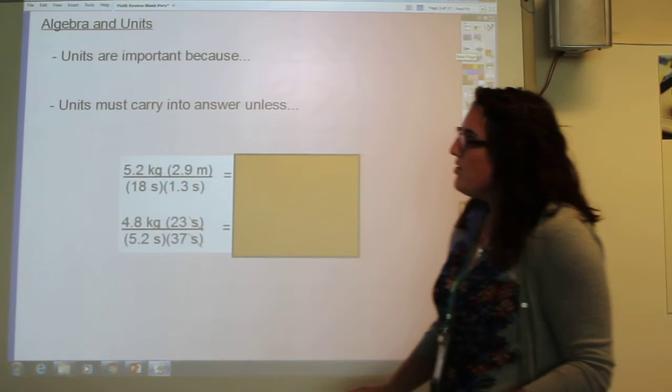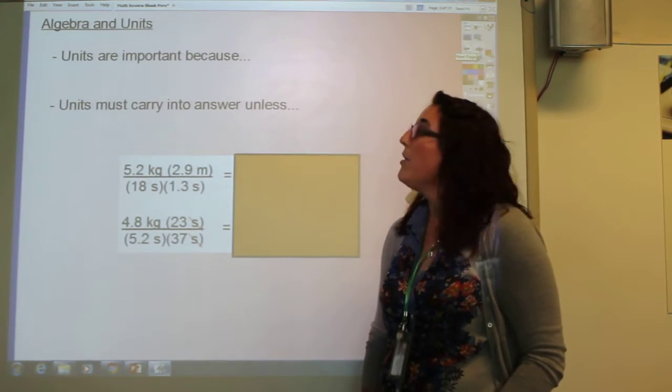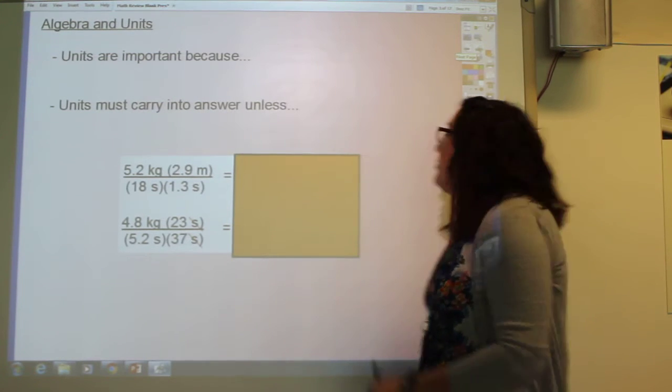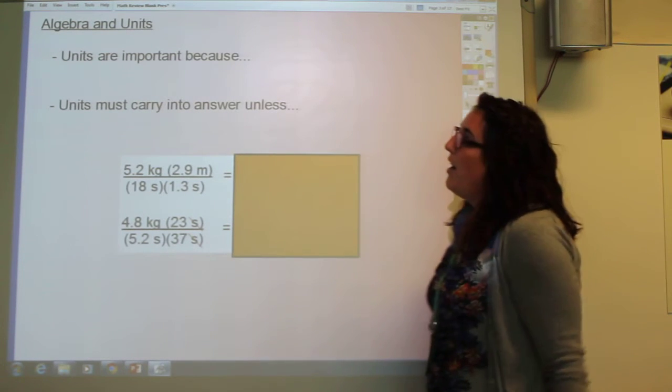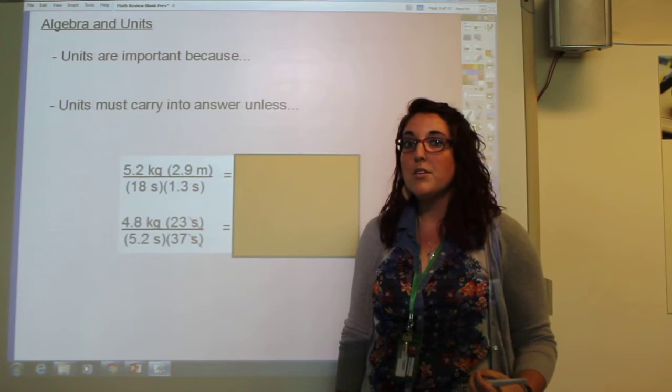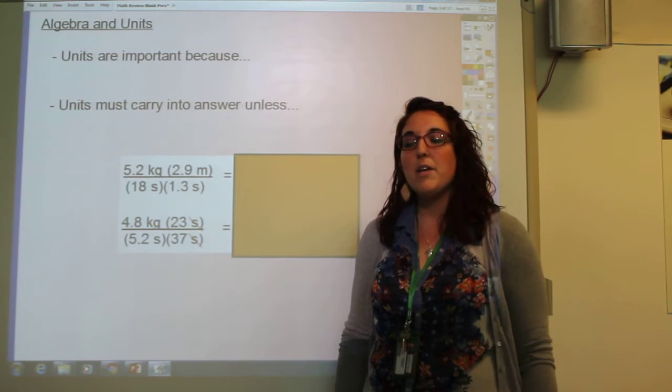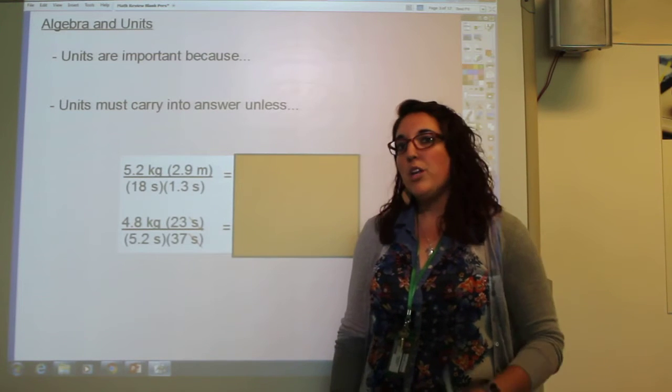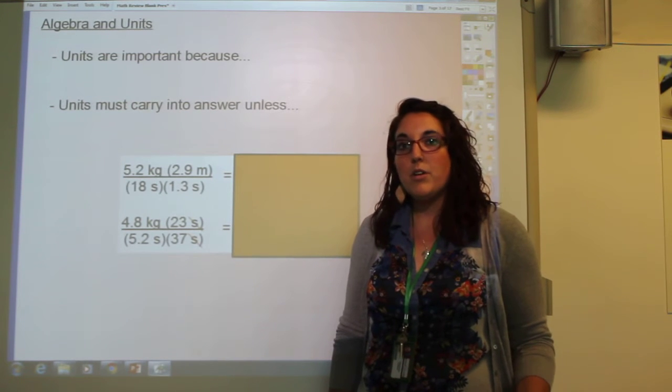Okay, so just to get started, let's talk about units really quickly. Units are something that are included in science all the time, but they're also included in your everyday life. Because if you don't tell me what unit you're using, I don't really understand what you're talking about.